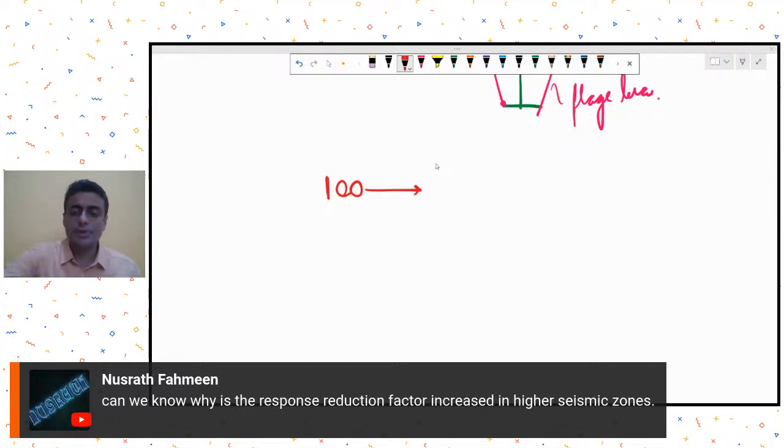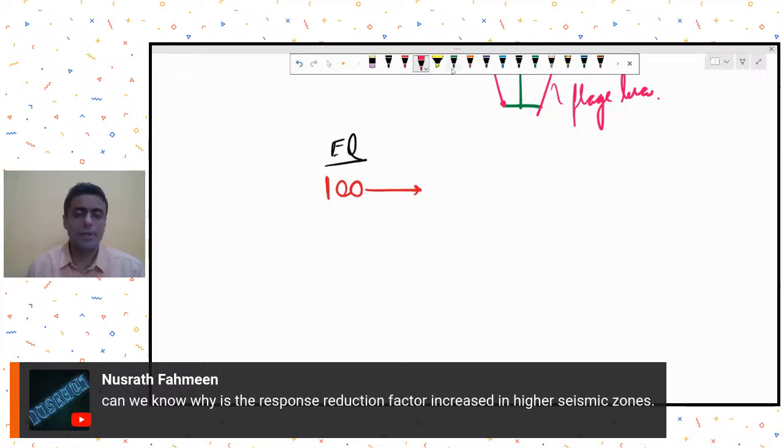So the response reduction factor actually does not increase with the increase in seismic zones. It increases with the type of structural system that we choose and the level of ductility that it can provide. Basically, the concept will go like this, in a very crude way.